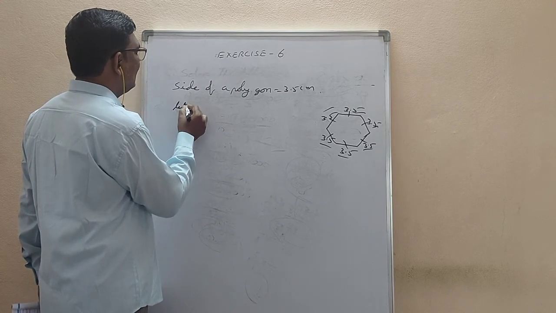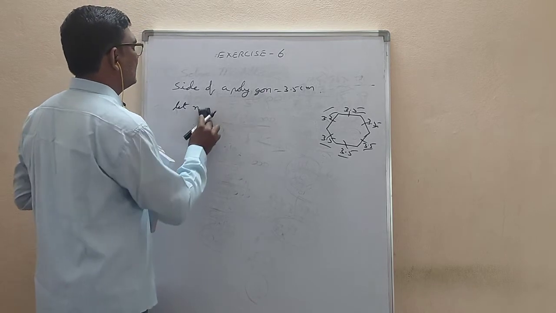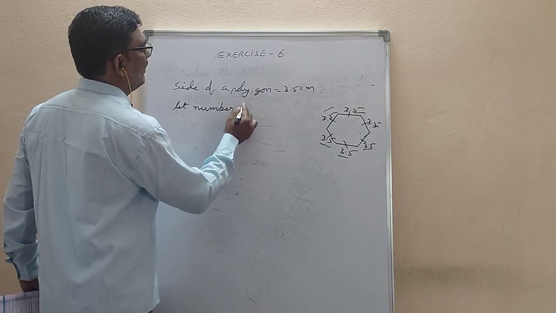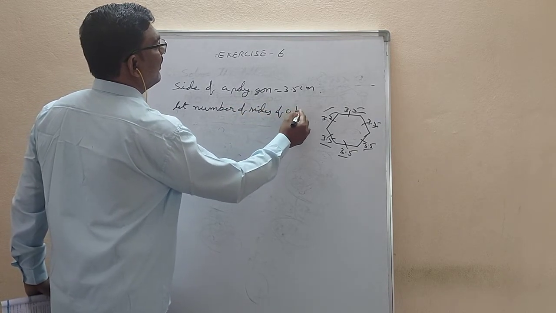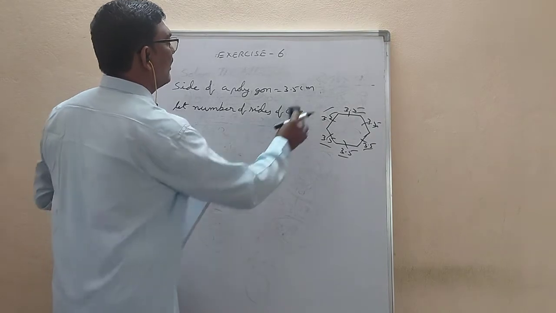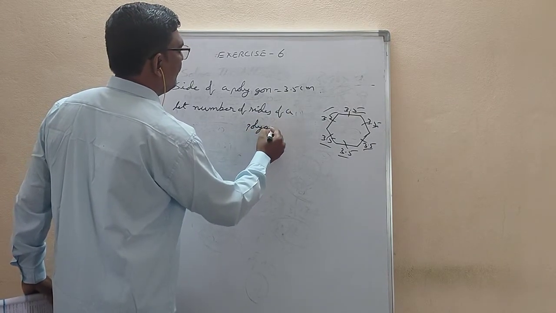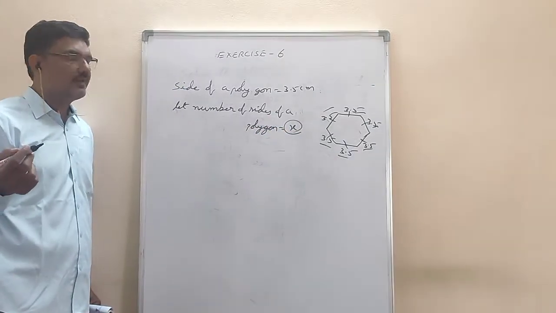So let the number of sides of a polygon be x.